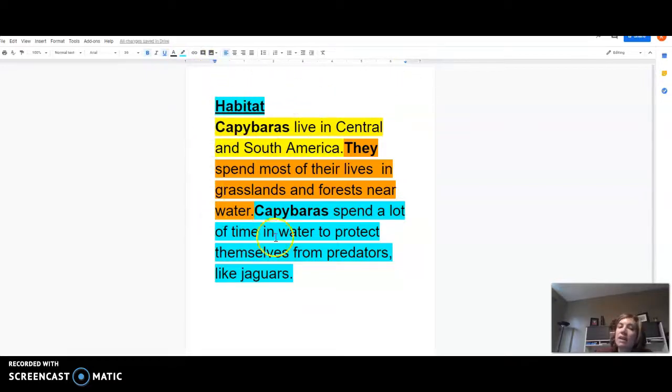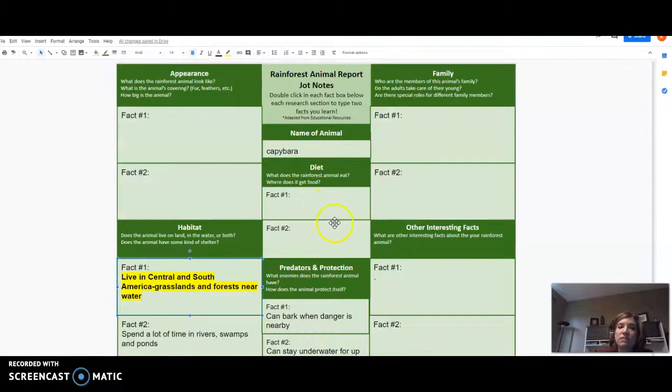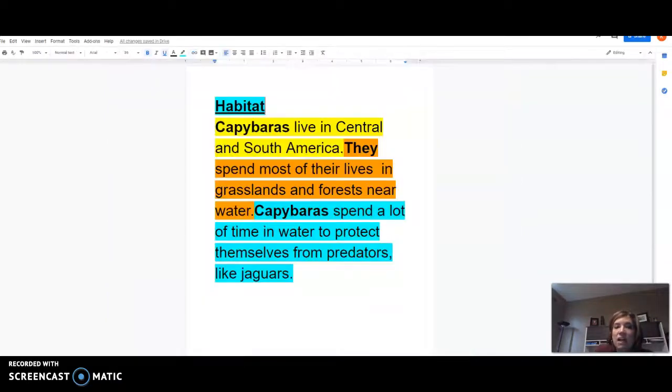So after you write your information about habitat in sentence format, you go use your notes. Take the facts that you wrote about diet and make sure that you have diet at the top of your paper if you're not using the paper I provided. You would take those notes and create sentences that tell the reader about the diet of your animal.